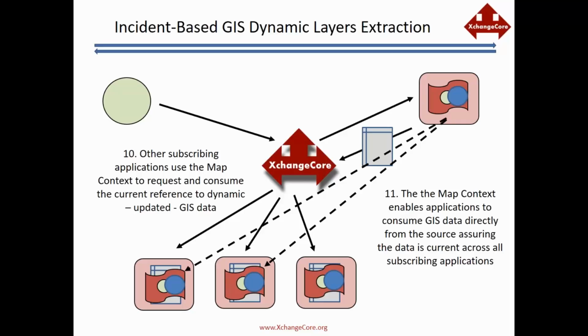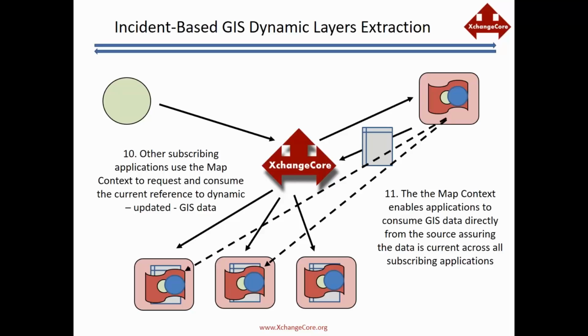Everybody across the bottom has now said, gee, I'd like to have that information. Well, not only do I get it by using the same map context document, I am getting it with the changes that took place from that changing, bottom right-hand corner GIS that added the blue dot in the upper right-hand corner.